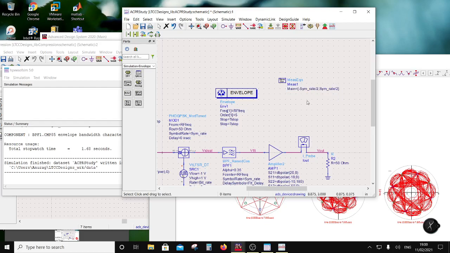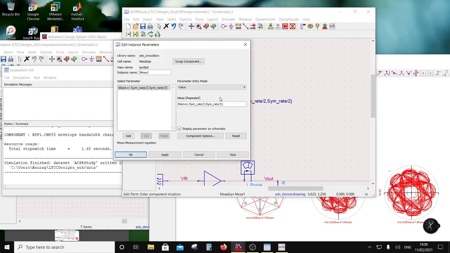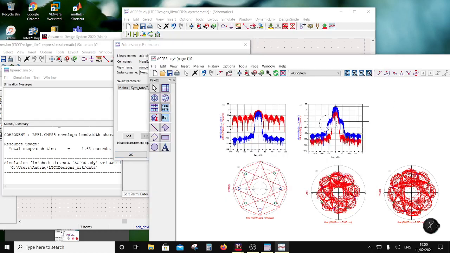So this is going to be your main channel. And then you are going to have an offset, which is going to be a band of symbol rate. You specify how much guard band you want to give, but I will give a band with the excess bandwidth of 35%, so 0.35.